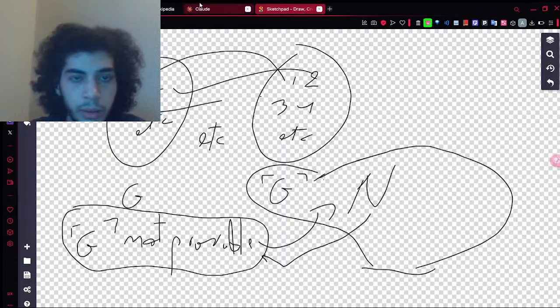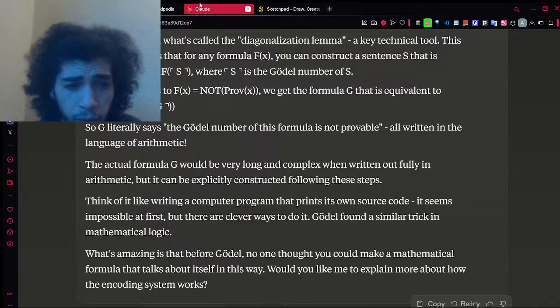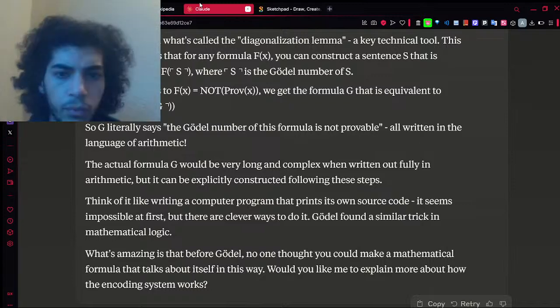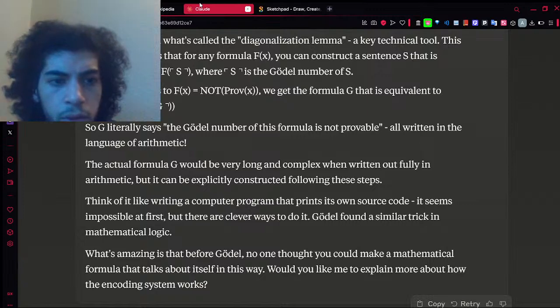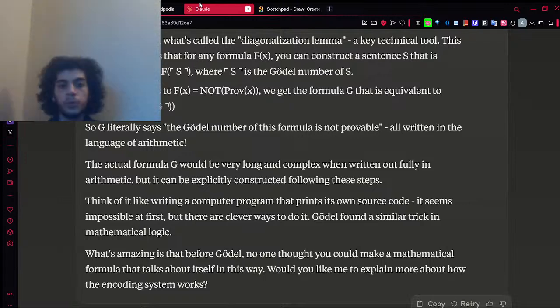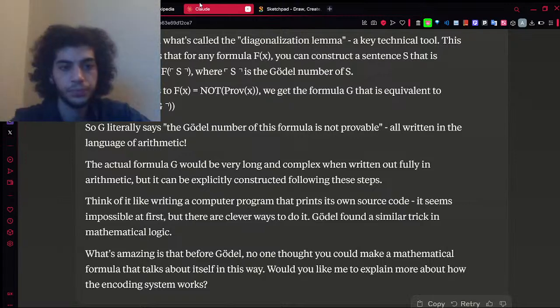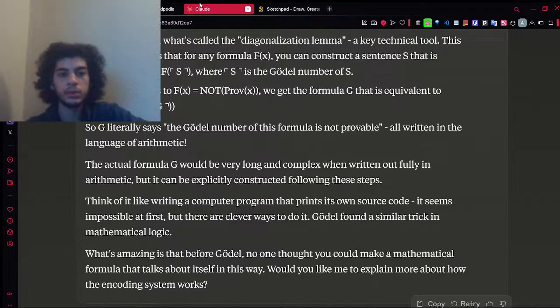The actual formula G would be very long and complex when written out fully in arithmetic, but can be explicitly constructed following these steps. Think of it like writing a computer program that prints its own source code.